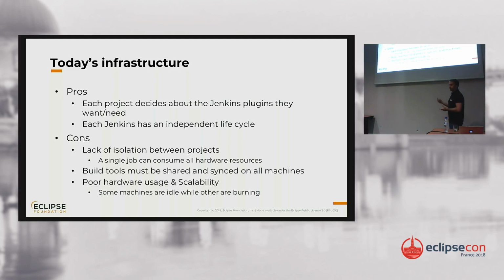And of course, we use the hardware poorly, because sometimes one machine will be heavily used because 2, 3, 5, 10 Jenkins instances run at the same time, while on another machine, every project is at rest. It would be great if we could use the cycles on the idle machine and provide them to the projects that actually need them at that moment.